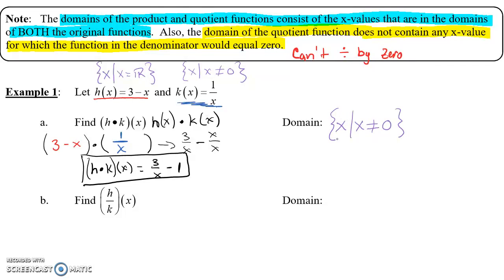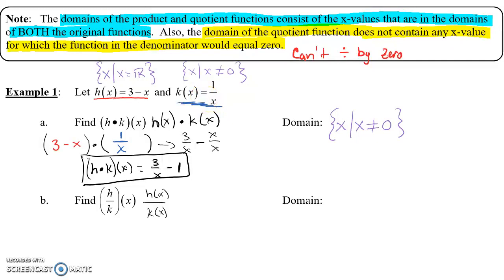In the second example, it's now asking me to divide my functions. It's asking me to take function h of x and divide by function k of x. So my domain now, I know that k of x cannot equal 0. Well, k of x won't equal 0 anyway, because it's 1 over x.